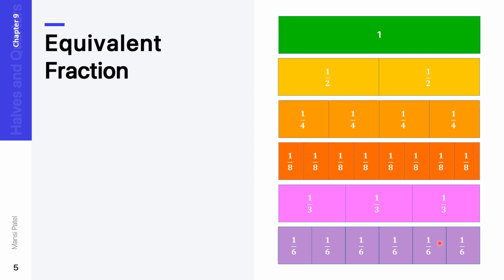You see here one whole rectangle is divided into different parts, but the portion of this shape is always the same. The same thing holds in equivalent fractions: the numbers are different, but the value is the same.